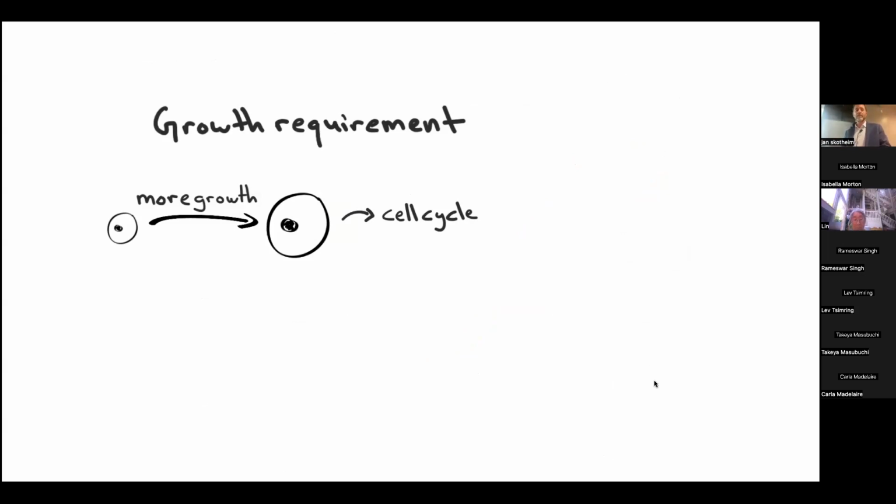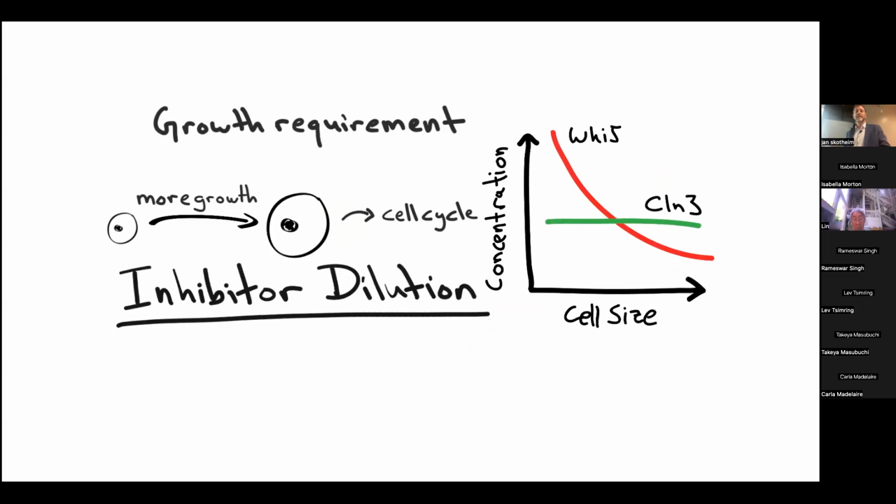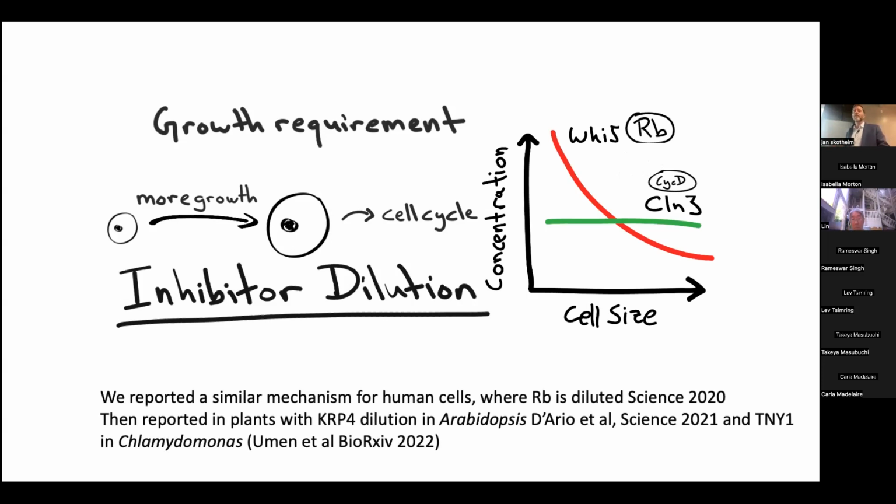Right. So here we are with this issue of how to generate a link between growth and cell division. And we identified this inhibitor dilution model, first finding that the protein WE5 in yeast is being diluted, and then later finding that the retinoblastoma protein in human cells is also being diluted in the G1 phase of the cell cycle. And since our work was published, there's 2 further reports.